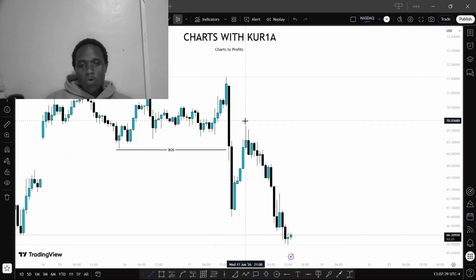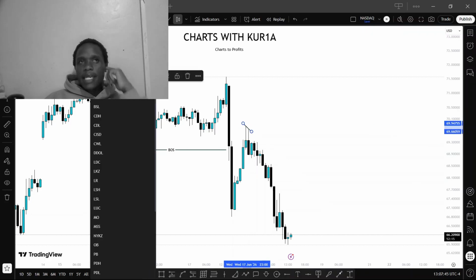So what does that tell you? SMT, as I taught last time, is like the market showing you its hand. It's showing you that it's willing to trade lower.